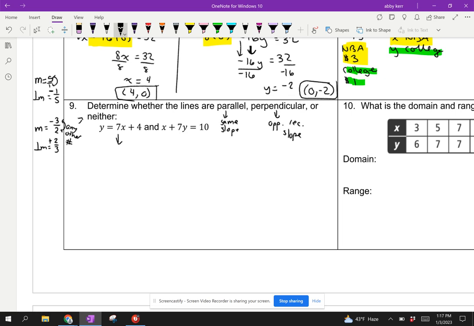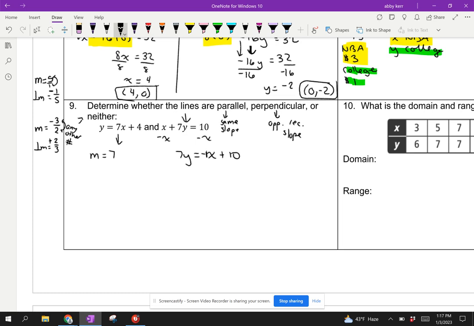Here, this is already in slope-intercept form, so I know my original slope is 7 because y equals mx plus b. Here, we have to be careful. We have to solve for y. So we need to minus x on both sides. Now, if you want, you can put a negative 1 here.